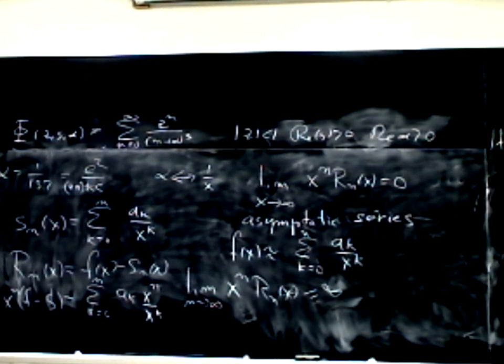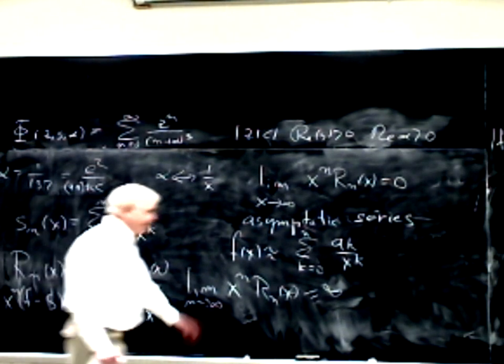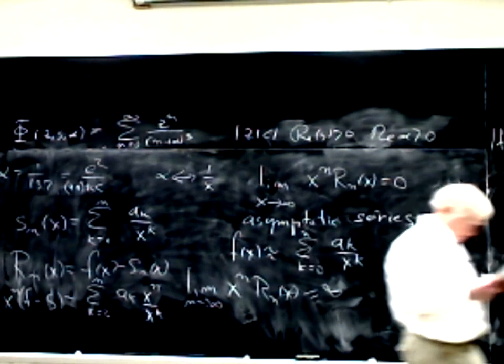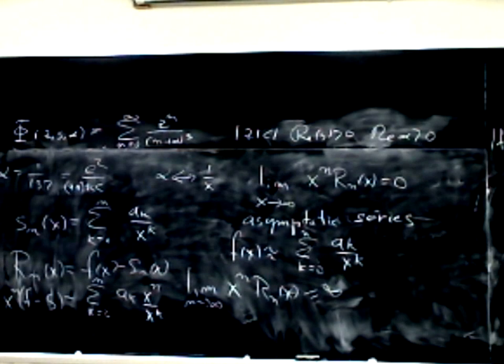It's not the same thing as saying that the series doesn't converge, because we're multiplying it by x to the n and saying that diverges. So I don't know, it's a curious condition. Anyway, this is an example here of a particular asymptotic series, for one of the special functions, the exponential integral function.